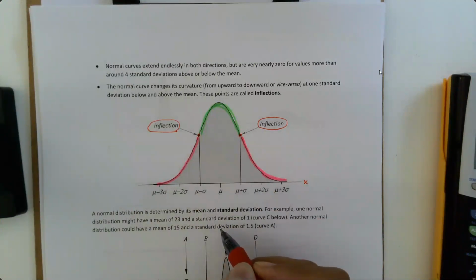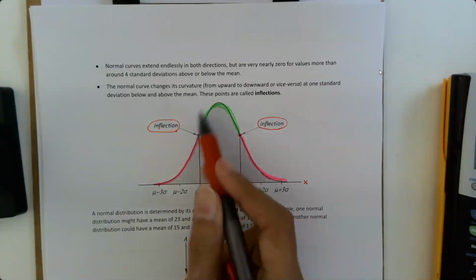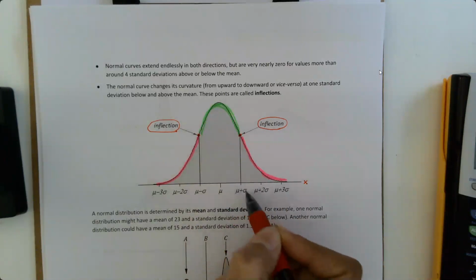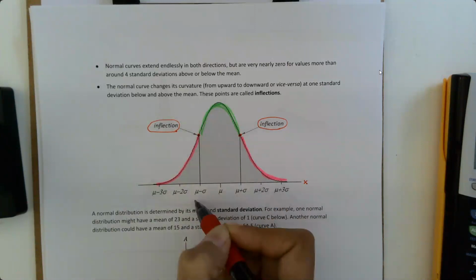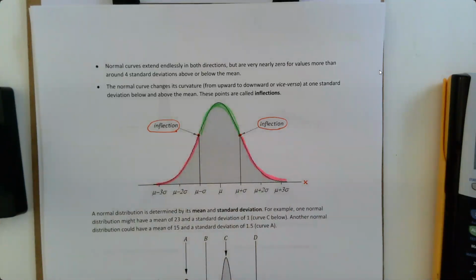So if you have a question about inflections, you say that, hey, we know inflection points happen at mu minus sigma and mu plus sigma. At these 2 points, the curvature of the graph changes.